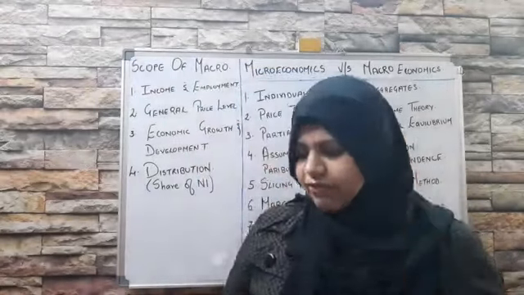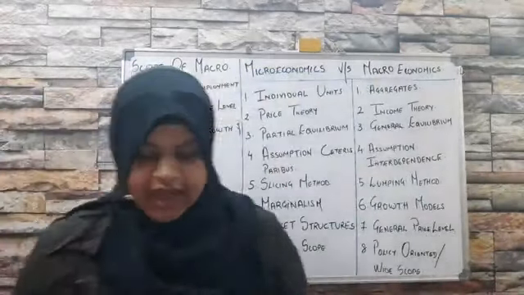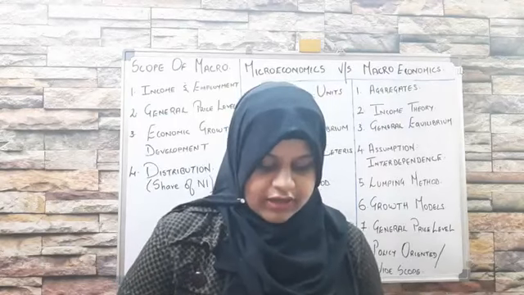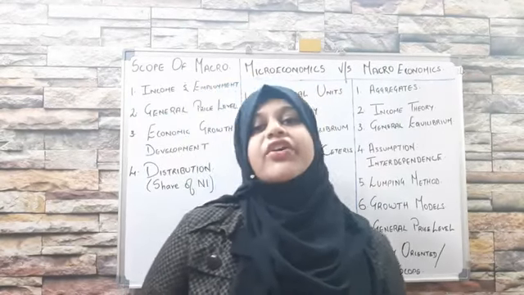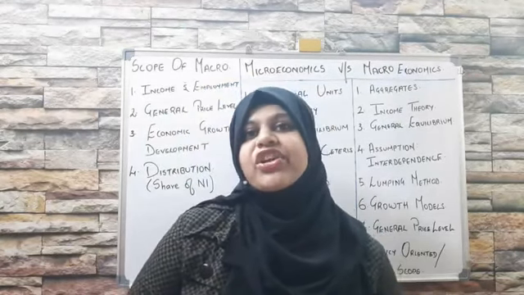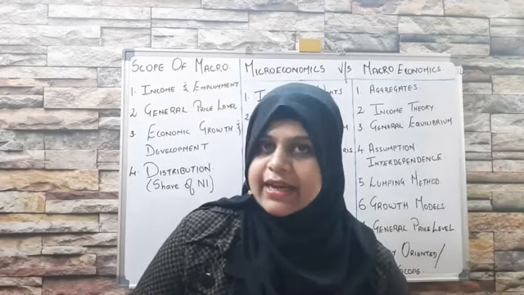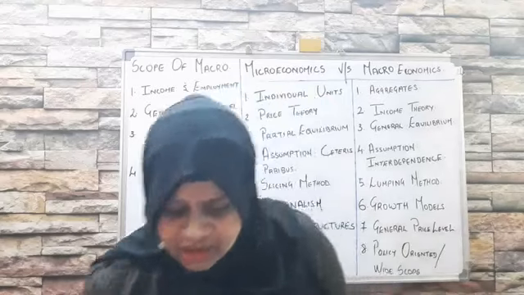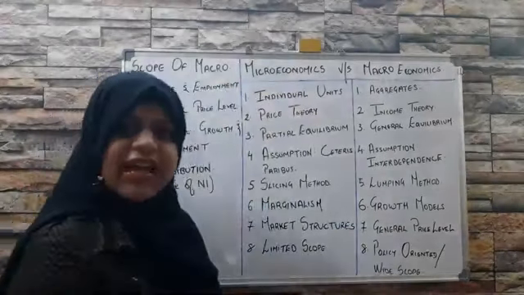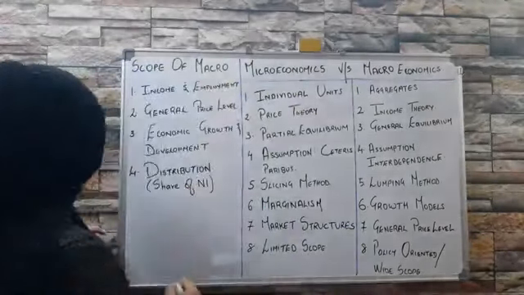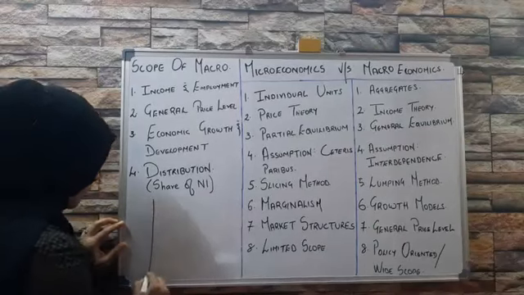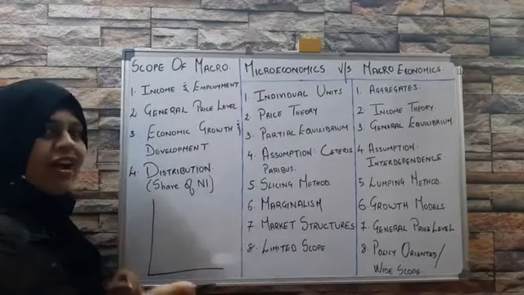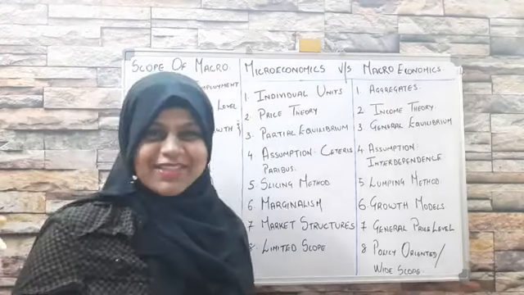Here, I would just like to share a theory with you. The theory is known as the theory of business cycle. Now, what is this theory of business cycle? Just a little diagram. I'm sorry for the disturbance.